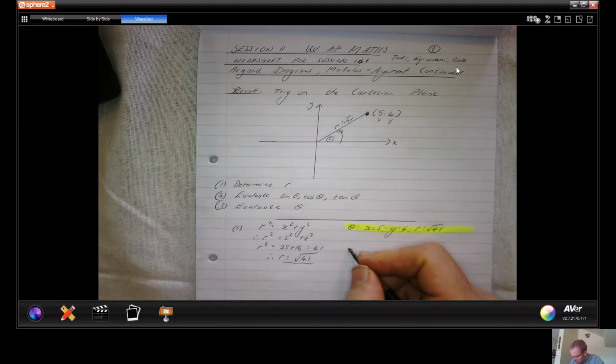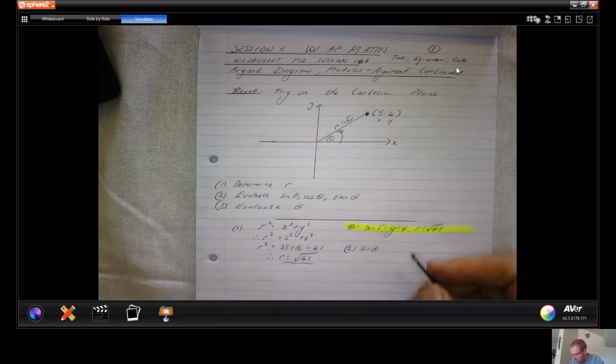So in question 2, what is sine of theta? Remember, SOH: sine is equal to the ratio of the y coordinate over the radius for that angle, and if the y coordinate is equal to 4, then the radius is root 41. So your answer is 4 over root 41.